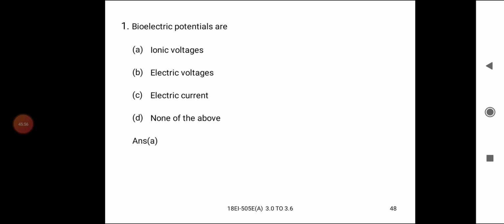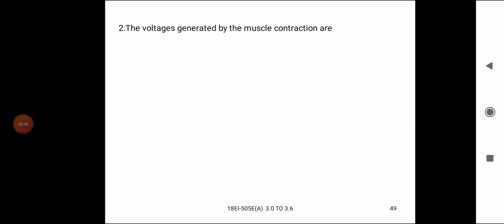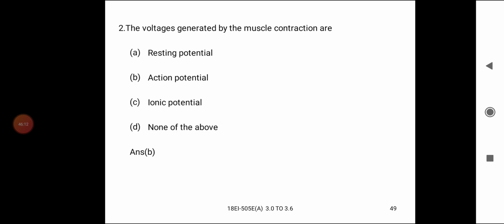Second: the voltages generated by the muscle contractions are resting potential, action potentials, ionic potential, none of the above. The answer is B, action potentials.